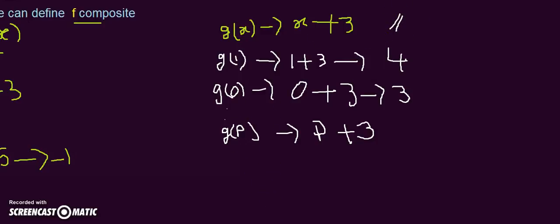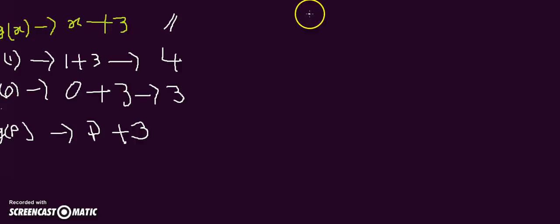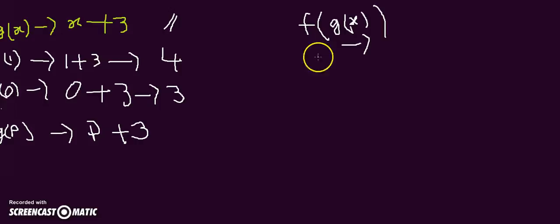Now, we'll come to our definition, which is f of g of x. First you substitute g of x in the function f of x, right? Here f of g of x: from our example, g of x is x plus 3. Now, what does f of x say?